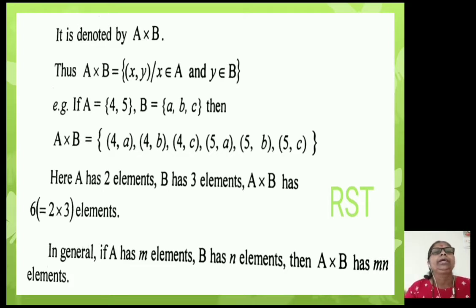Here A has 2 elements and B has 3 elements. Hence A cross B has 6 elements, which is equal to 2 into 3. Thus, in general, if A has m elements and B has n elements, then A cross B has mn elements.